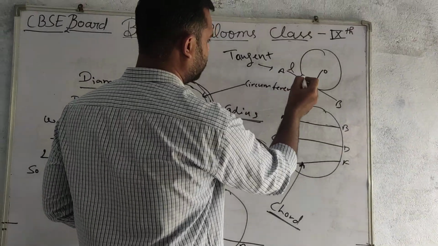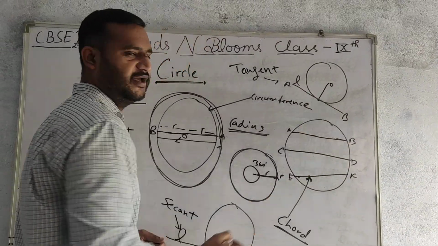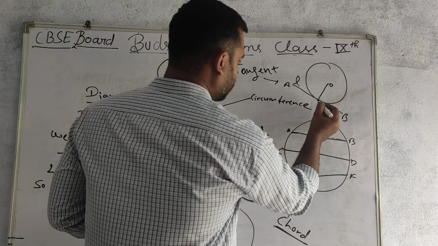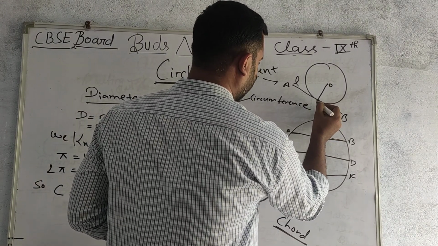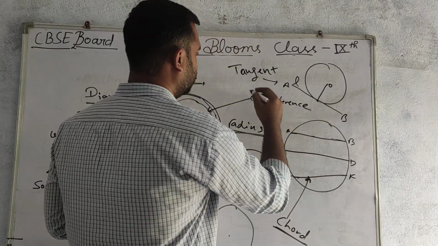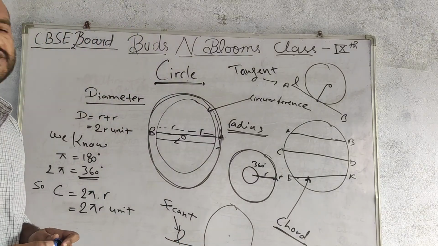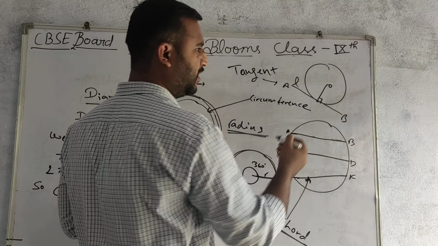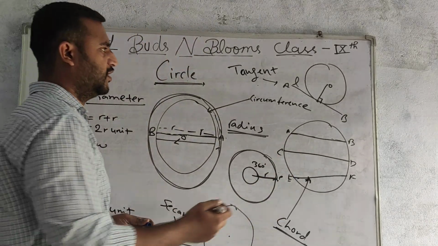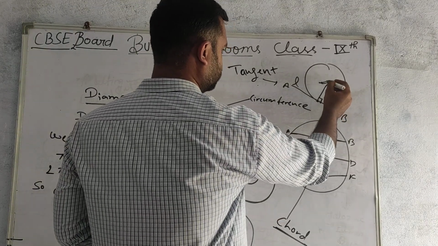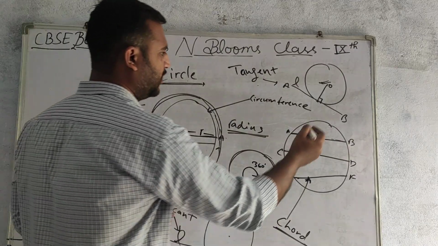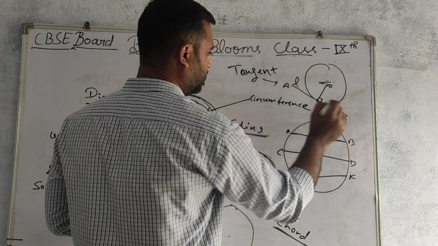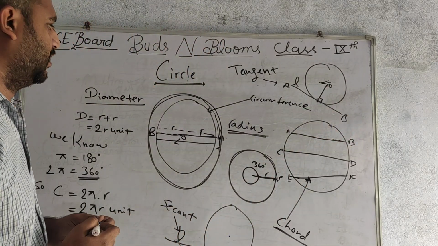Tangent is that line which intersects a circle on a single or one point. It is always at 90 degrees with the center O. It is always perpendicular to the radius line at the tangent point.